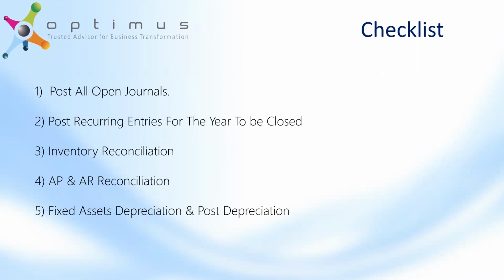Then AP and AR reconciliation is another subledger, very important. So here the idea, as you already know, is just tie your vendor balances by vendor or posting group and tie it with your GL, right, at the end. But in order to do so, we need to review the aging information for all your currencies.